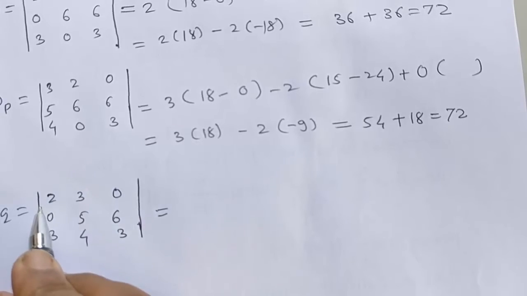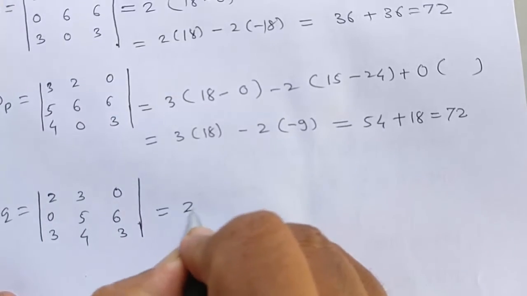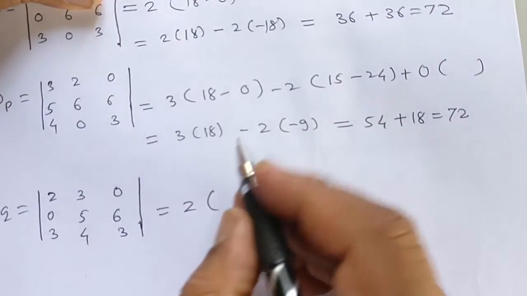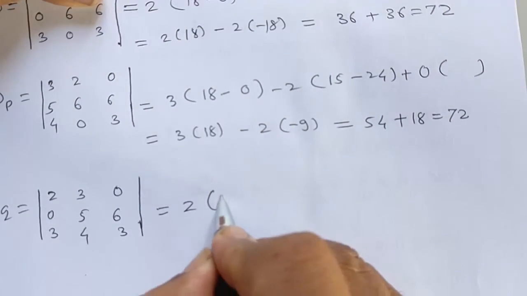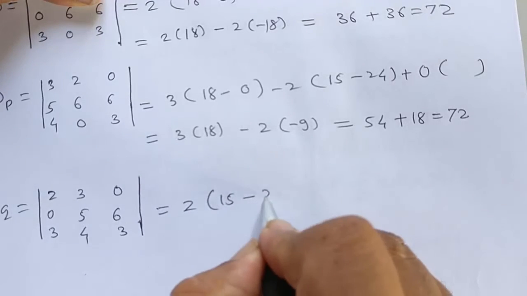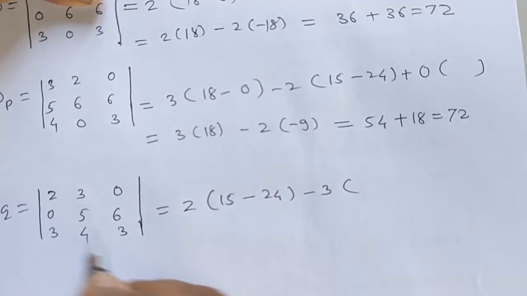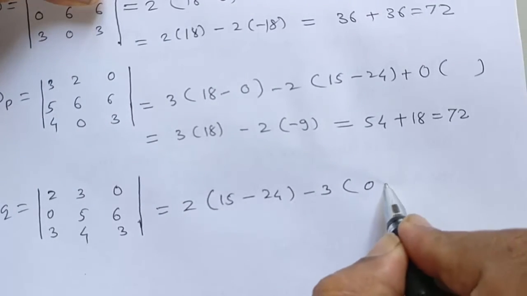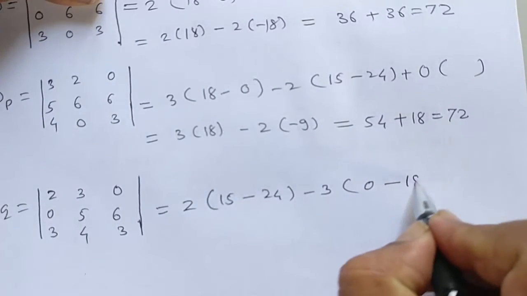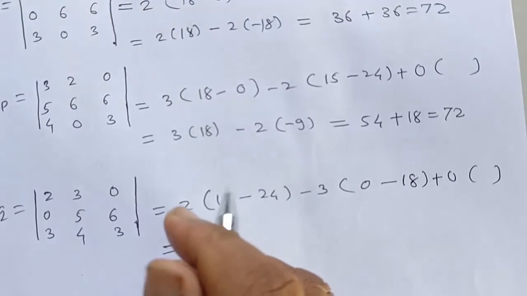Again we expand this determinant with the help of the elements of the first row, that is 2 into (5 into 3, 15, minus 4 into 6, 24), minus 3 into (0 into 3, 0, minus 18), plus 0 into anything is again 0.